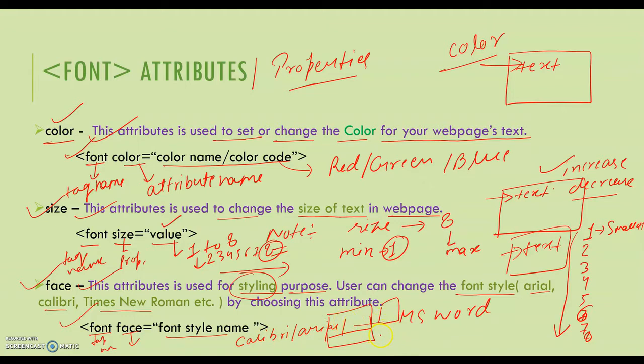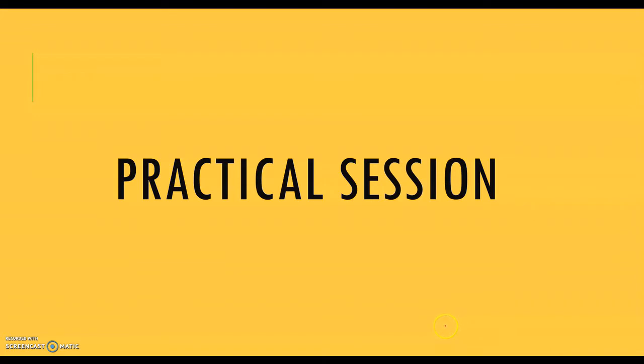If you don't know the style name, you can go to MS Word, see the style name there, and copy and paste it here. So that's all about the font attributes. Now we are going to see the practicals of the font tag and its related attributes in the practical session.